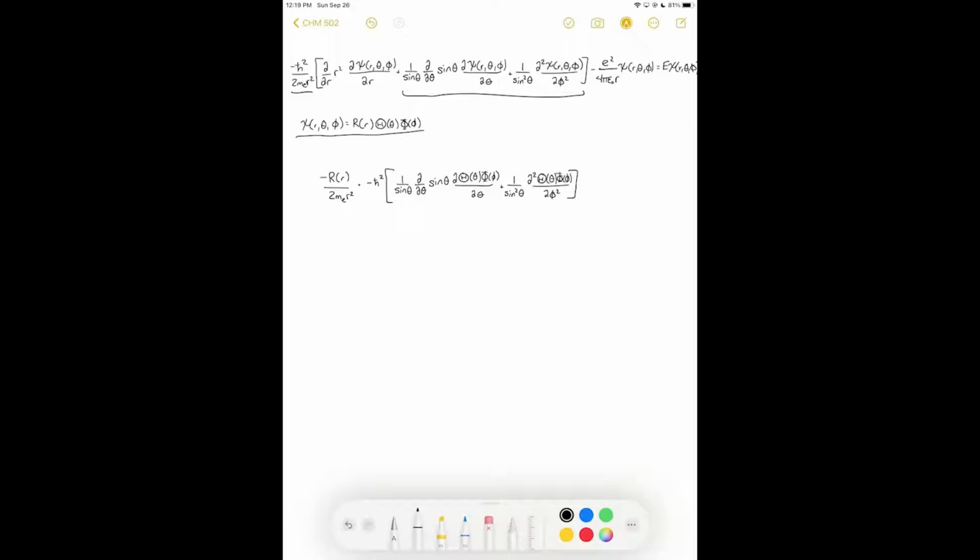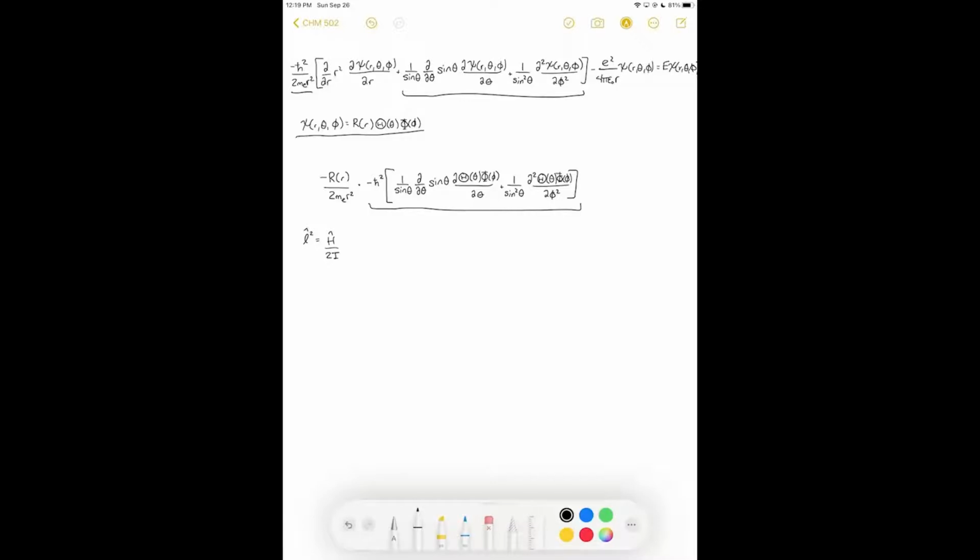Recall that we had an L squared operator that was equal to the total energy operator times 2I. So that means that this whole term here can be represented by the L squared operator. That simplifies this function a great deal.